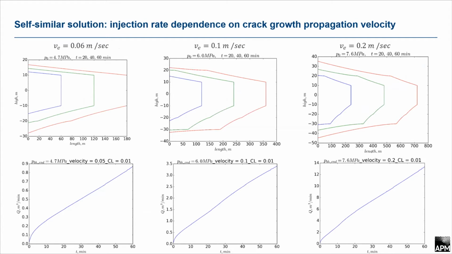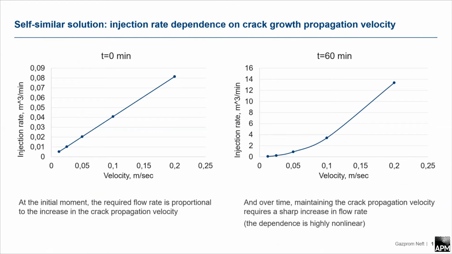Let's study how injection rates depend on crack growth propagation velocity with the same leak-off coefficients. As you see from these pictures, the injection rate also increased with propagation velocity.